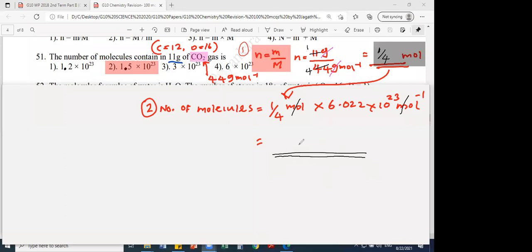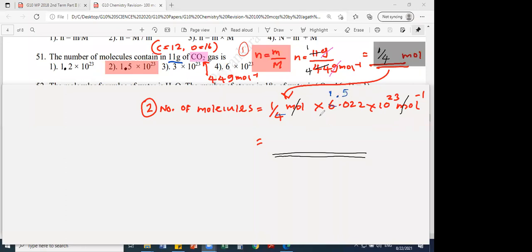How to simplify this? Look at here. 1 over 4 into 6.02. 4 times 1. Decimal place. 1 point, then remains 2. 4 times 1, then remains 2. 24 divided by 4 gives 5.